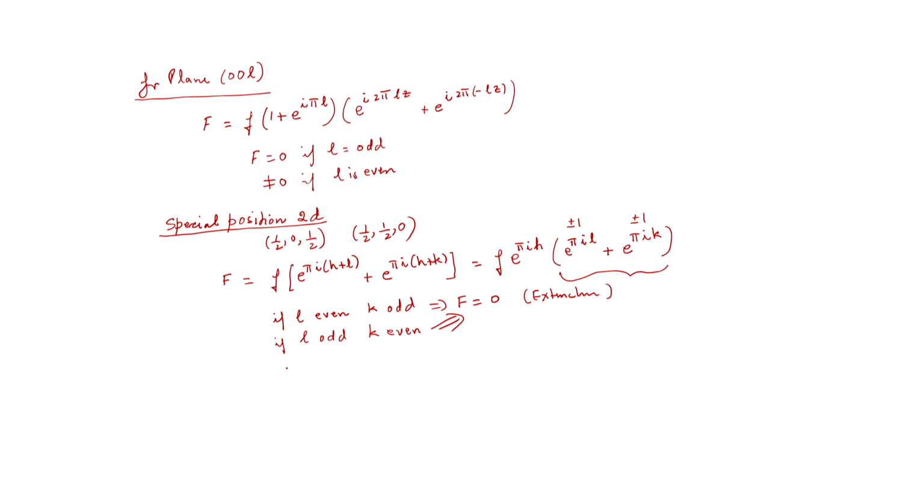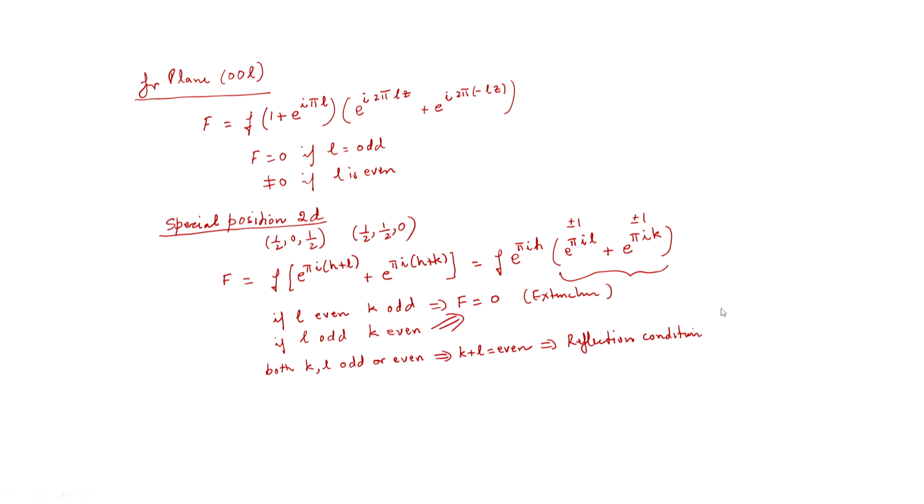The other case is that both K and L either are odd or even, which also means K plus L will be even. If both are odd, I will have both the terms being minus 1, and the structure factor is not 0. If both are even, then I get plus 1, again the structure factor is not 0. So, this gives me the reflection condition.